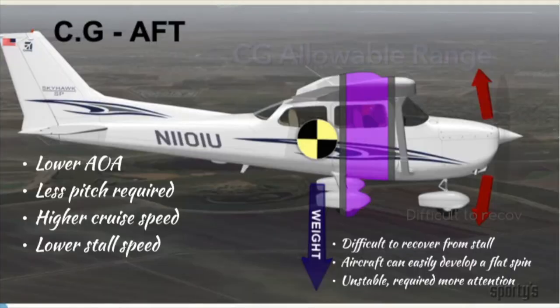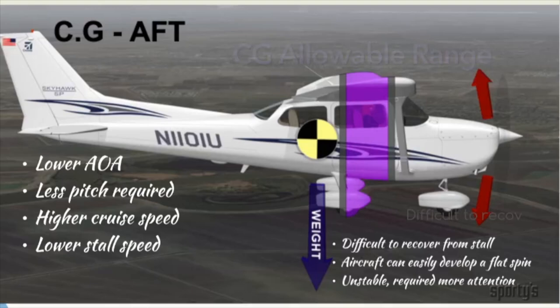Here we have when the CG, or the center of gravity, is aft. This circle represents where the center of gravity is located, and this magenta line represents our envelope. So this is our limits where we should be. Now we're aft.